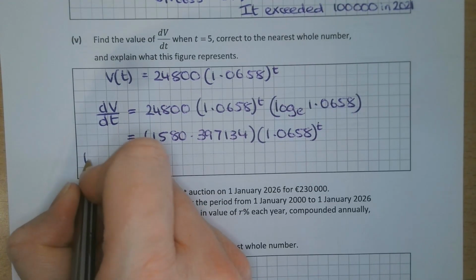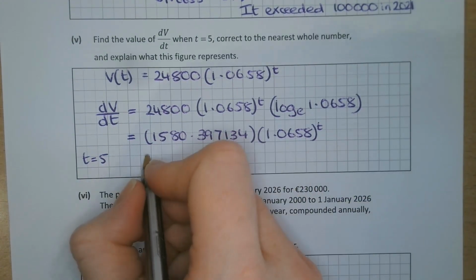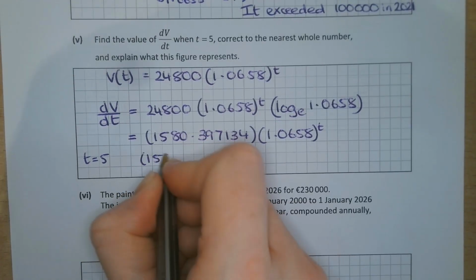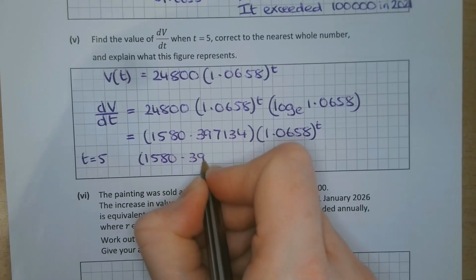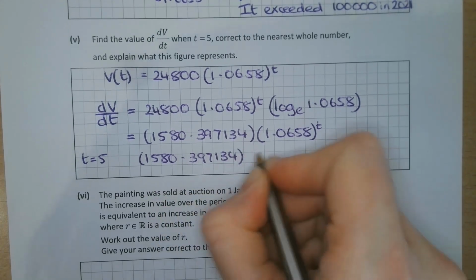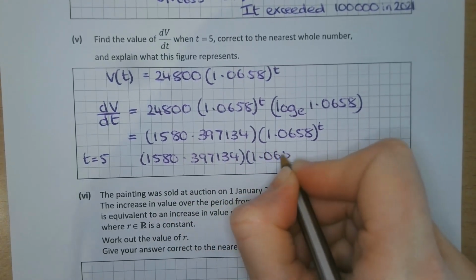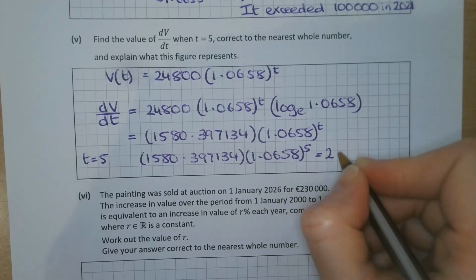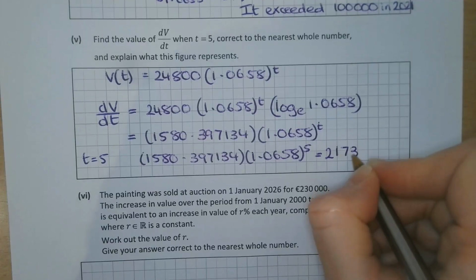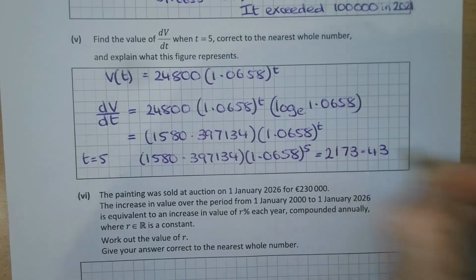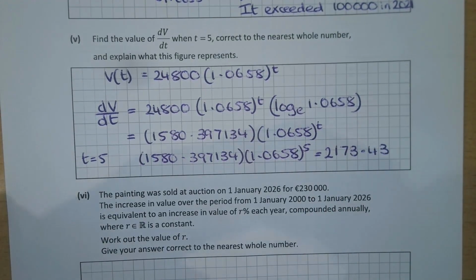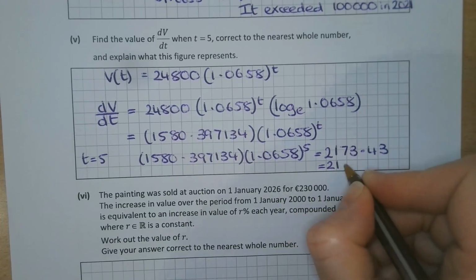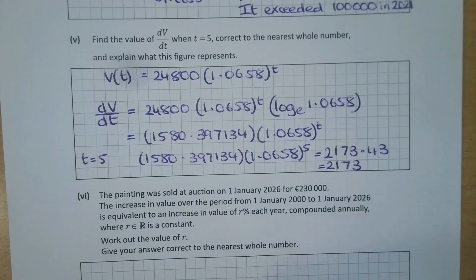So when t equals 5, we're going to have 1,580.397134 times 1.0658 to the power of 5. And when we work that out, we get 2,173.43. And to the nearest whole number, that would be 2,173. And what does that represent?